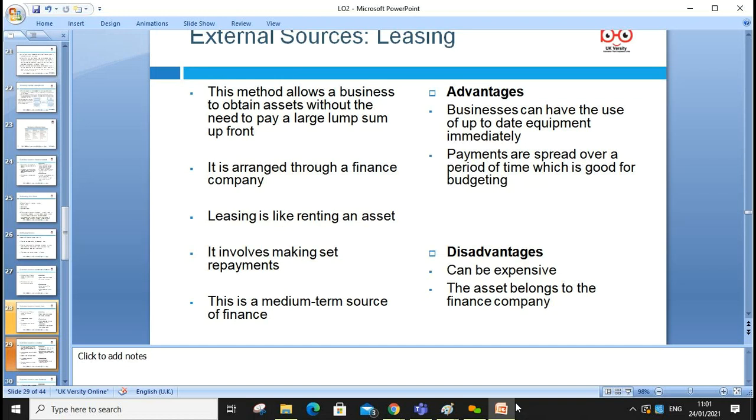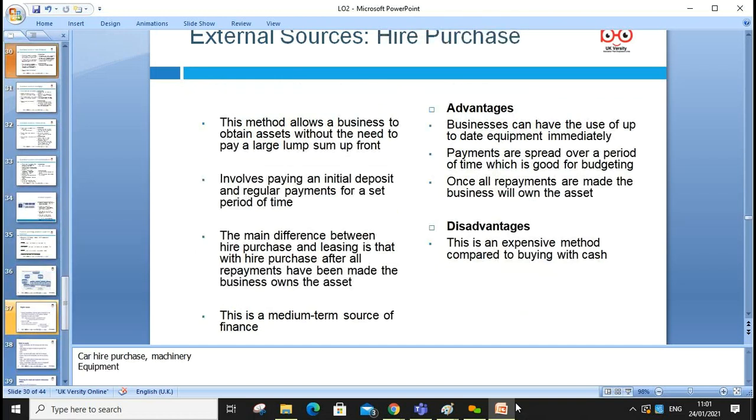The asset belongs to the finance company. There are two types of lease: finance lease and operating lease. With a finance lease, you pay money and repay as you would when buying an asset, and at the end of its life the asset will be yours after all the payments. But an operating lease is like rent. You carry on paying, you carry on using.